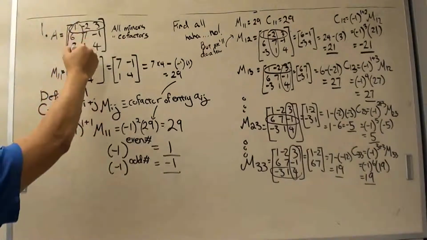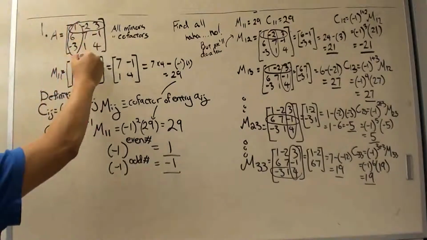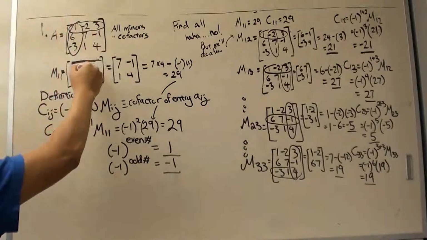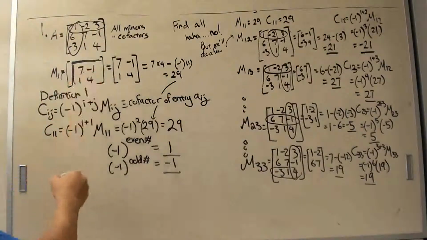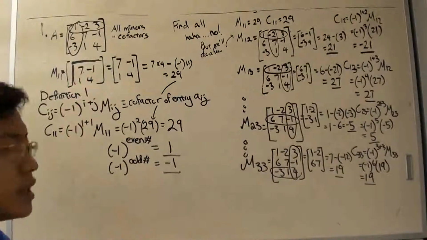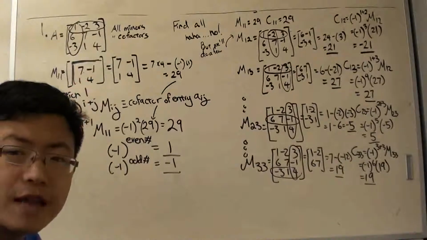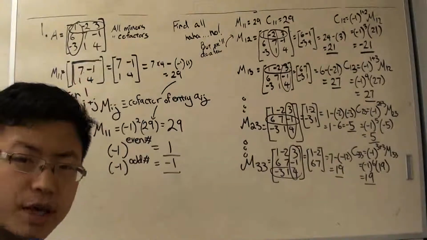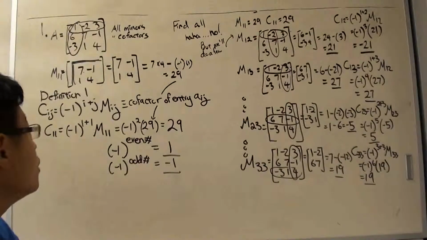If we do that, we can get rid of these, which leaves 7, -1, 1, and 4, right? So essentially what we're really doing is finding the determinant of that submatrix, or mini-matrix. And we know how to do that when it's 2 by 2.